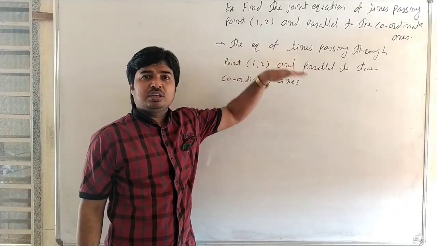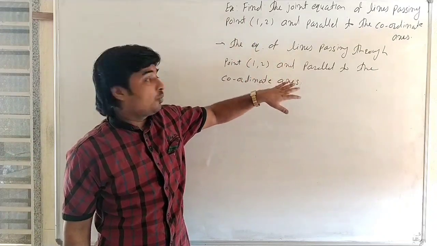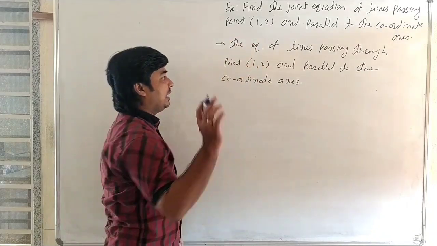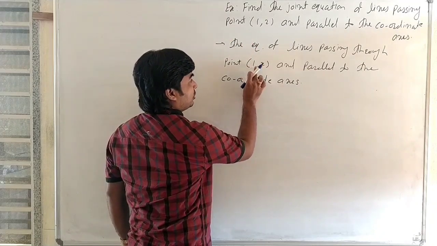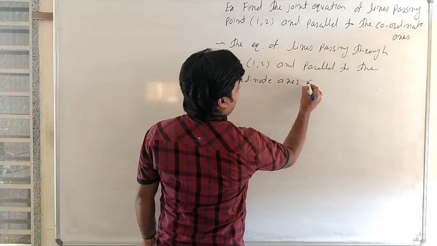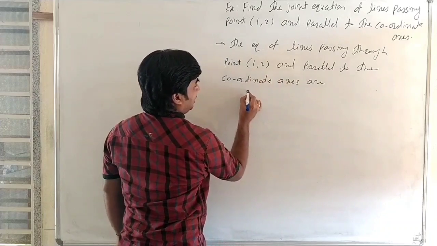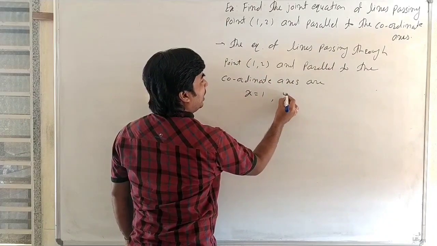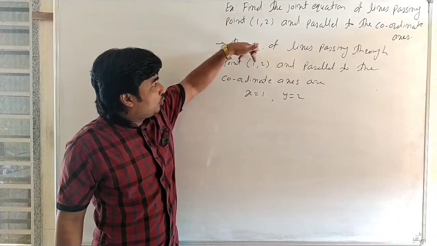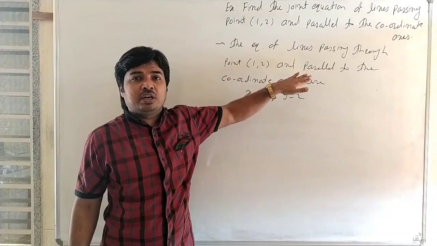One line is parallel to the x-axis and one line is parallel to the y-axis, and both pass through point (1, 2). Therefore, the equations can be written directly as x = 1 and y = 2, the equations of the lines passing through the point and parallel to the coordinate axis.